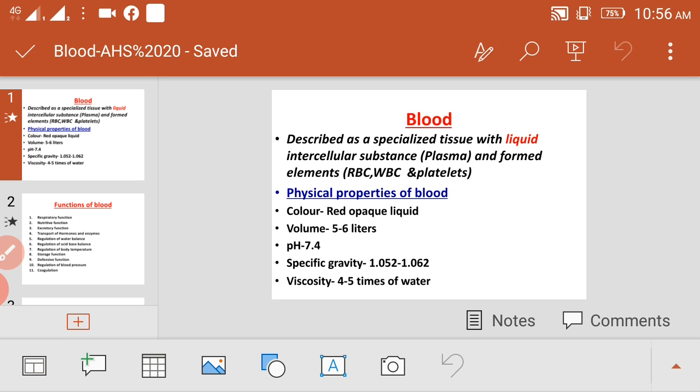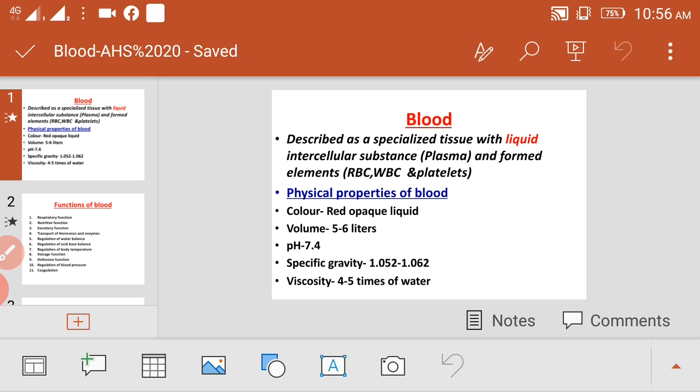Coming to the physical properties of blood, the color is red, opaque. Volume is 5 to 6 liters, which means in our body there are 5 to 6 liters of blood present. pH is 7.4, specific gravity is 1.052 to 1.062, and its viscosity is very high.